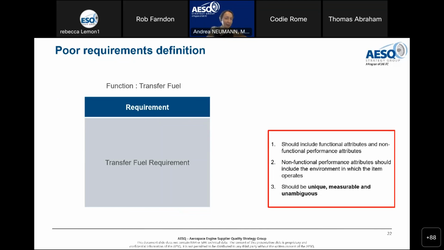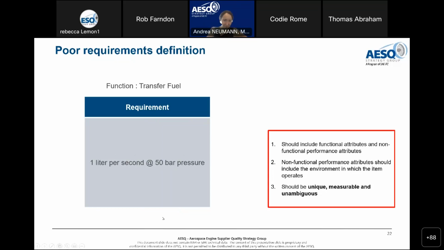So when you click again, the next one, to say that the fuel should be transferred in adequate time will only generate more questions. What is adequate time and what is adequate transfer? And then when you click again, I hope there is a good requirement then.